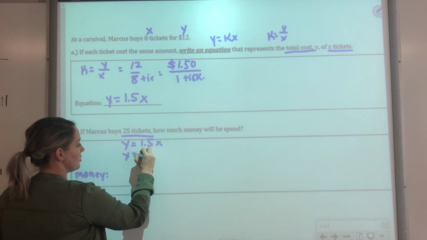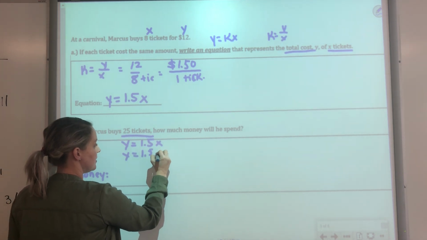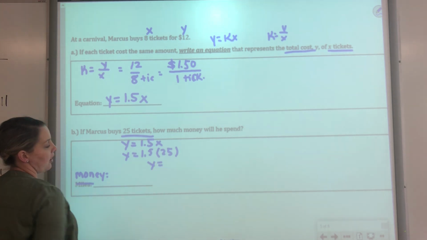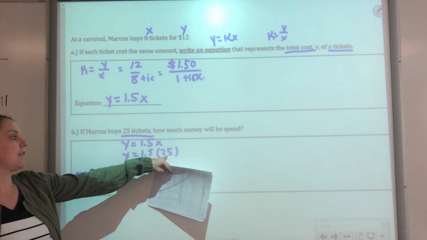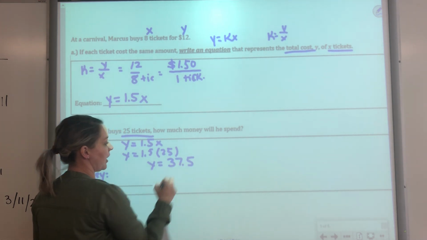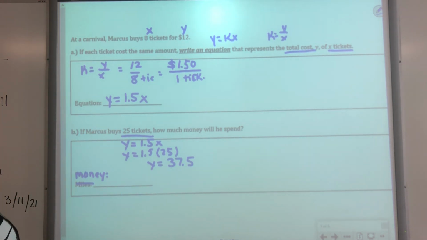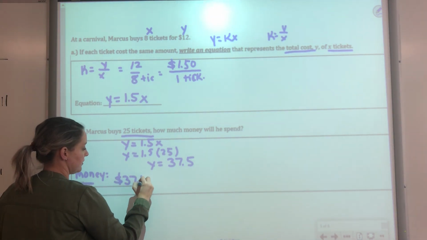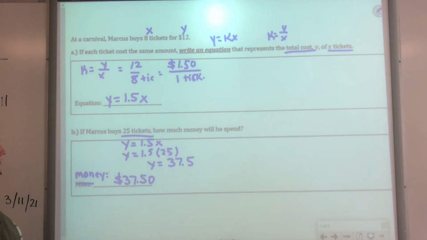So y equals 1 5/10 times 25 will give us our value. So 1 5/10 times 25 is 37 5/10. So that means that Marcus will spend $37.50 on tickets.